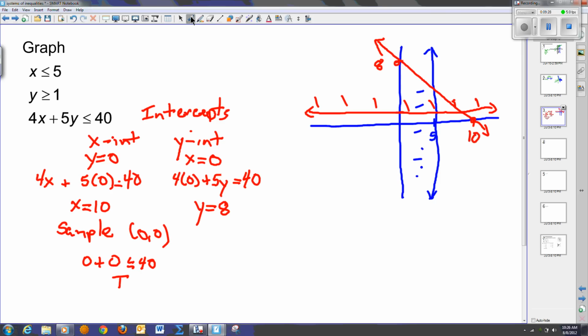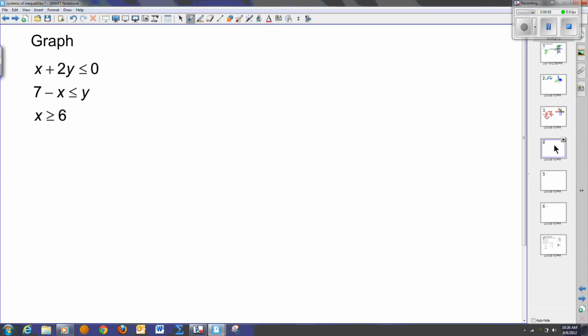And let's use a different color just so we don't get too confused. 0, 0 shades, if you will, to the left. And then I have a triple shaded region now, actually it's kind of like a trapezoidal region here. And any point in that region will satisfy that system of inequalities.